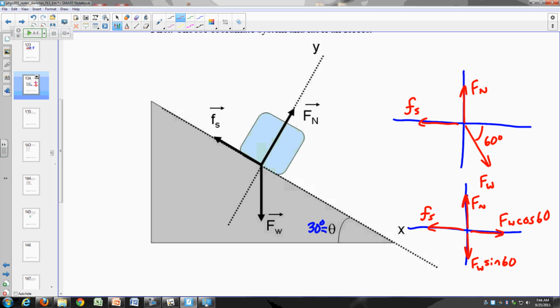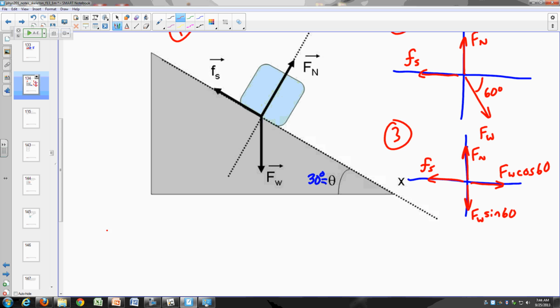All right. Step 1, step 2, step 3, and now step 4 is to do what? Apply Newton's second law. So I say the sum of the forces in the x direction equals max, and the sum of the forces in the y direction equals may.